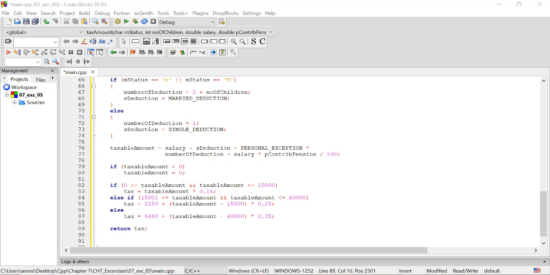If the taxable income is between 15,000 and 40,000, then the tax is 2,250 plus 25% of the taxable income over 15,000. And over 40,000, the tax is 8,460 plus 35% of the taxable income over $40,000. Just so you know.